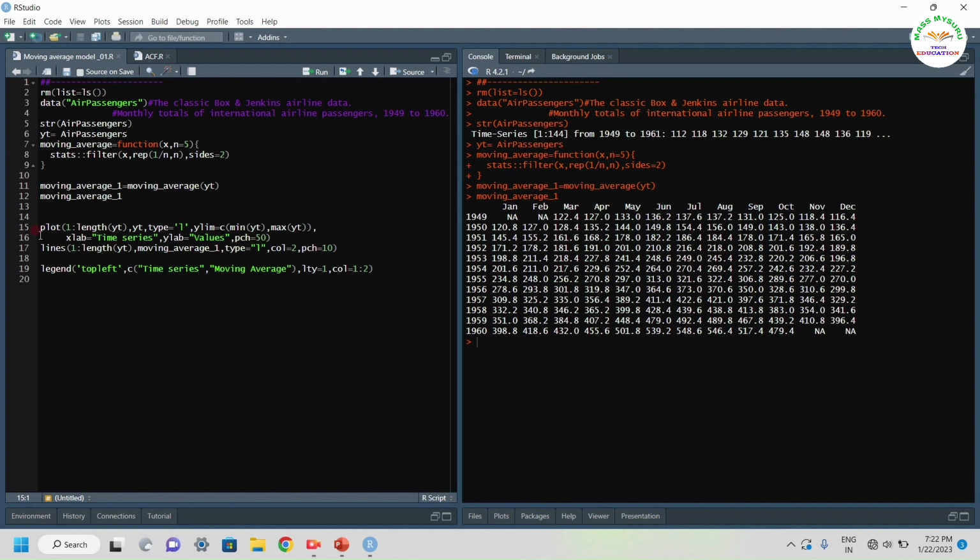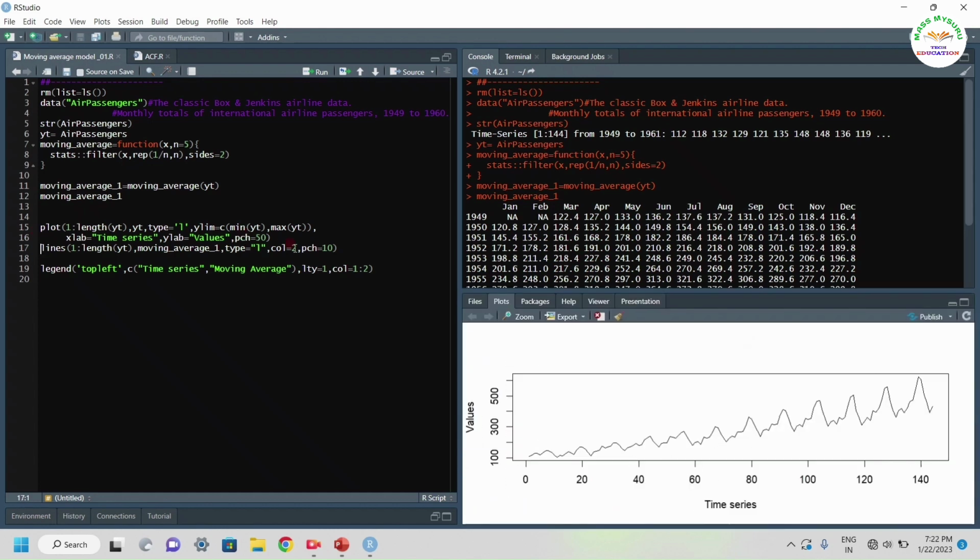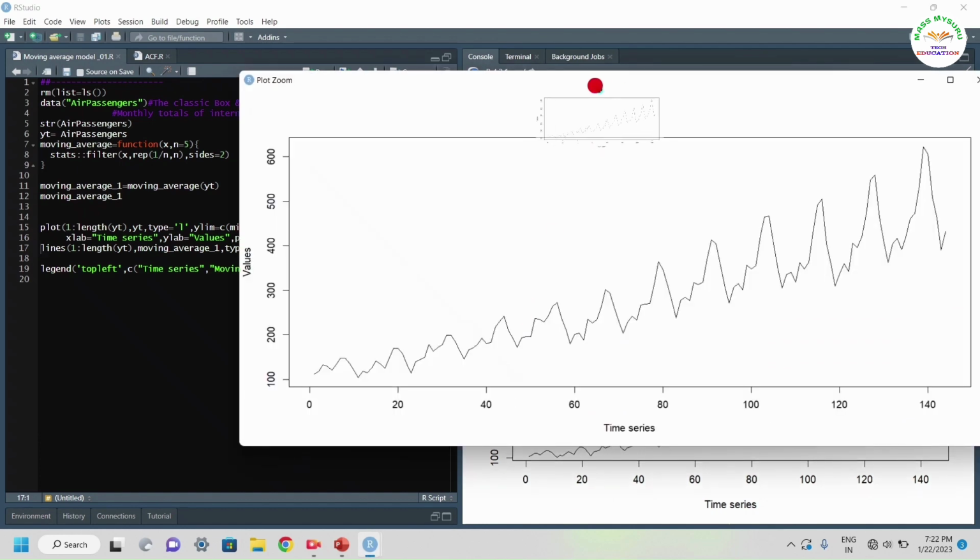Let's plot the graph of the actual values with the moving average values. Let's plot on the x-axis 1 to length of yt, on the y-axis the observations yt, and type is line, and the y-axis limit is minimum to maximum of yt values, with x-axis name time series and y-axis title values. Then the graph looks like this.